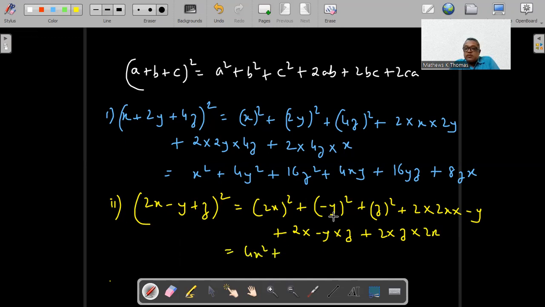When you square a negative, it becomes positive, so y square plus z square, minus 4xy, minus 2yz, and positive 4zx. The first three terms will always be positive. Then we have minus 4xy because there's a negative here, minus 2yz, and plus 2 into 2, 4xz or 4zx. So that's answer number 2.